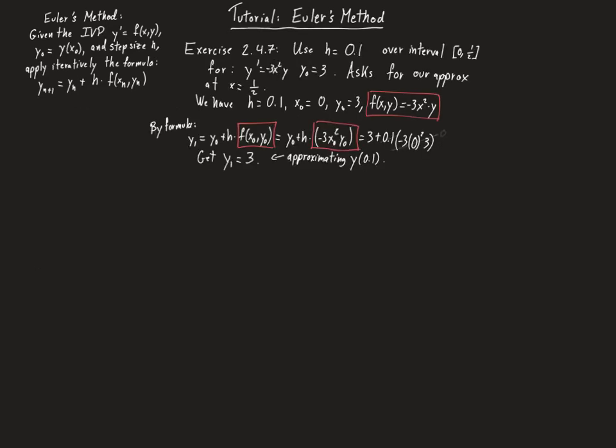All right, I've moved that first step out of the way because we're going to need a little bit of space here. And let's iterate on this. So once again, by formula, we get that y2 is equal to y1 plus h times f of x1 comma y1.